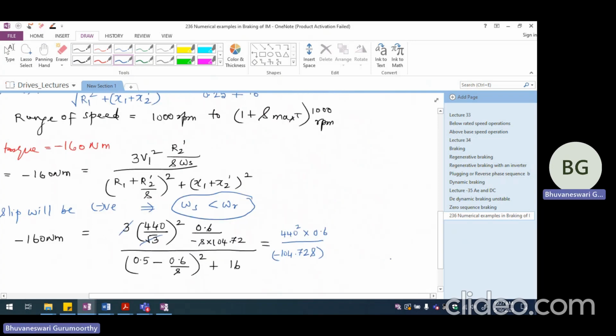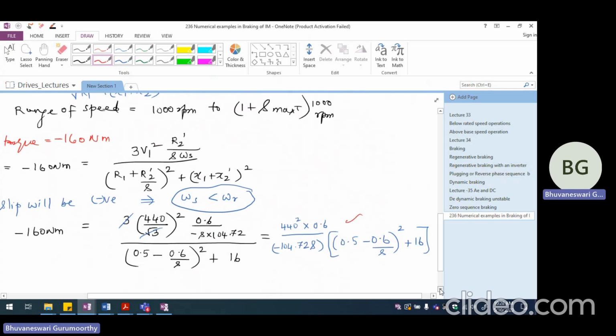This has to be multiplied by 0.5 minus 0.6 divided by S, the whole square, plus 16. Now, if we solve for this particular equation, we will in all probability get a quadratic equation in slip, from which we should be able to solve for slip.